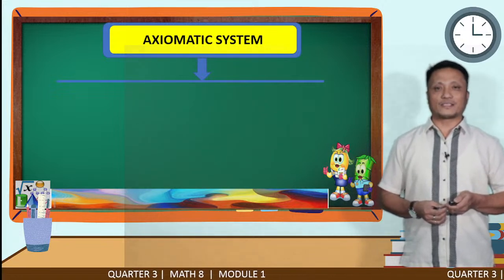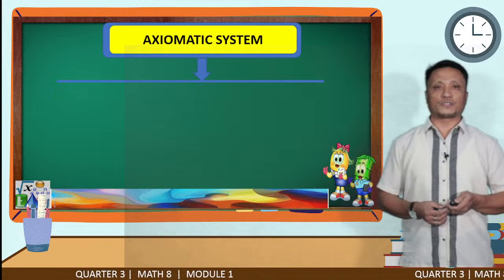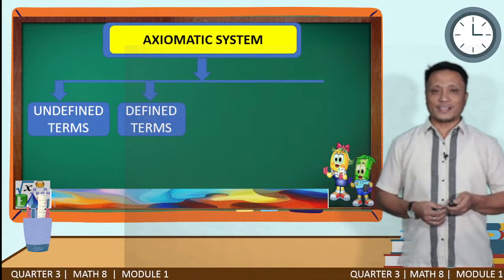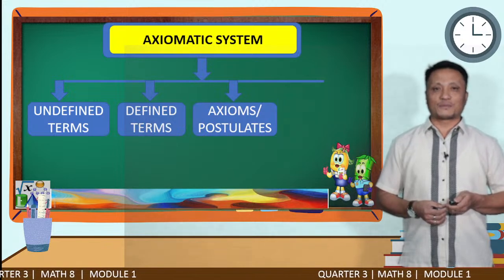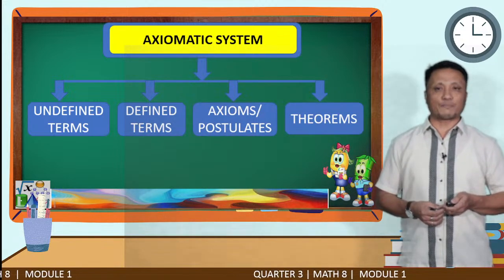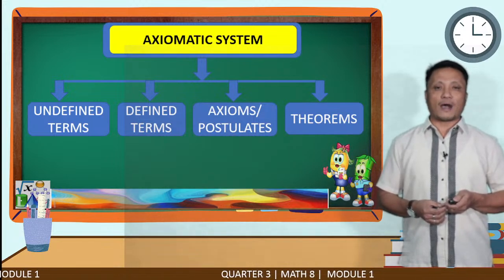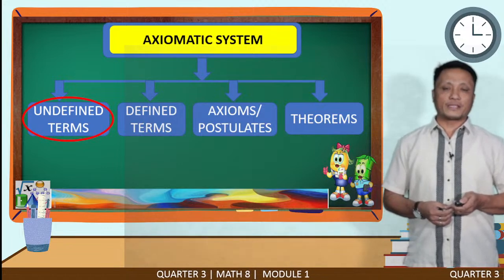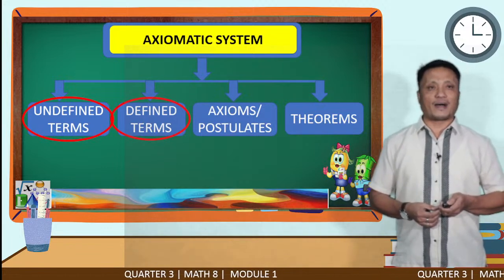Axiomatic system is composed of four components, namely undefined terms, defined terms, axioms or postulates, and theorems. But in this presentation, we're going to focus our attention on the first two components, which are undefined terms and defined terms.